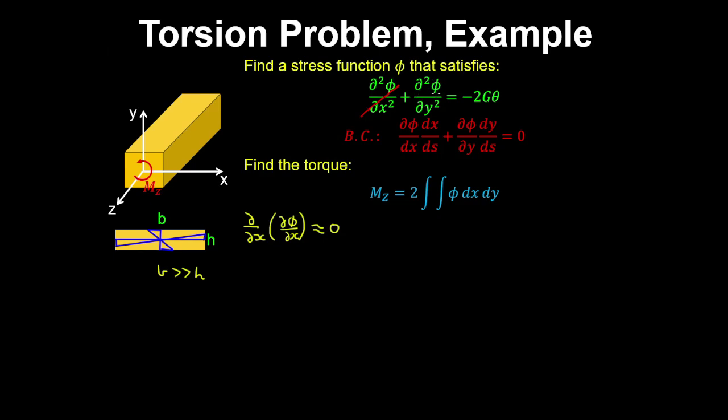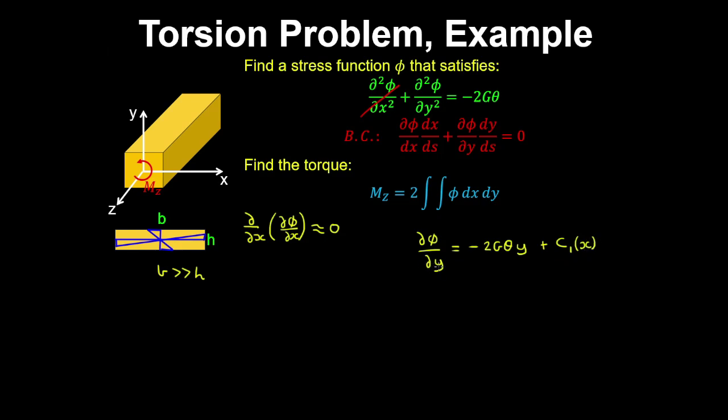So if we integrate this equation twice, we'll get dφ/dy is equal to minus 2Gθ y plus a constant of integration. And because the stress function depends on both x and y, this constant here may depend on x.